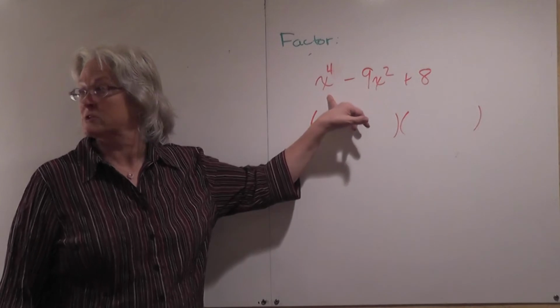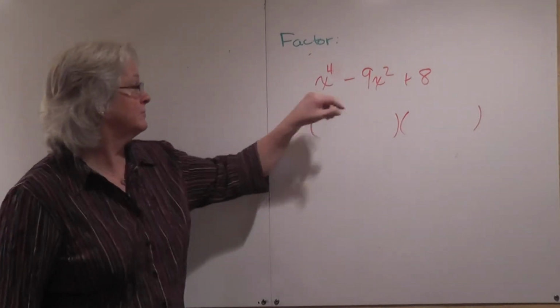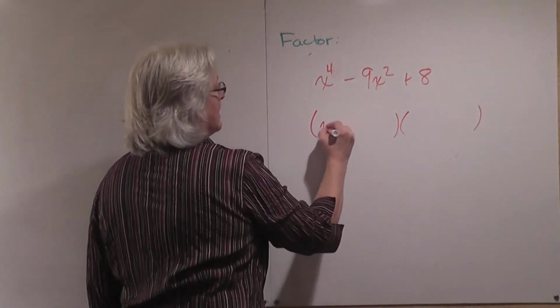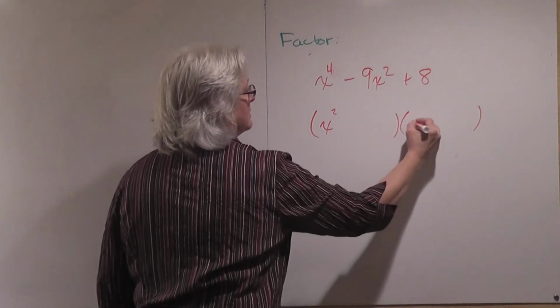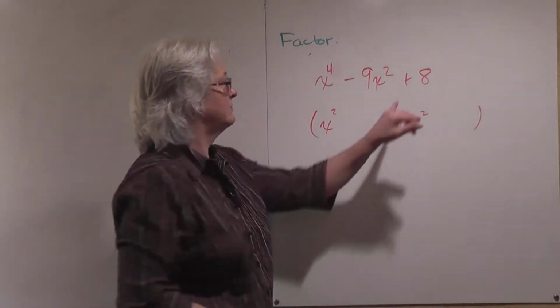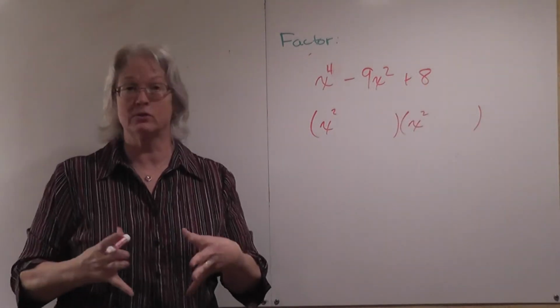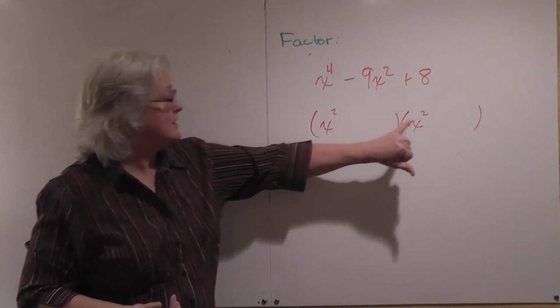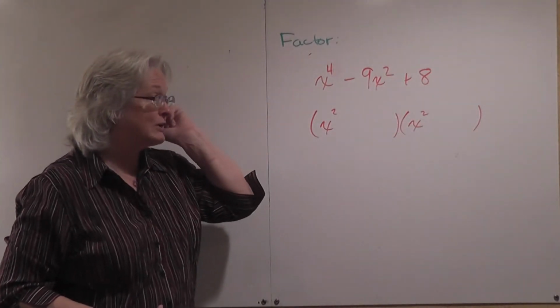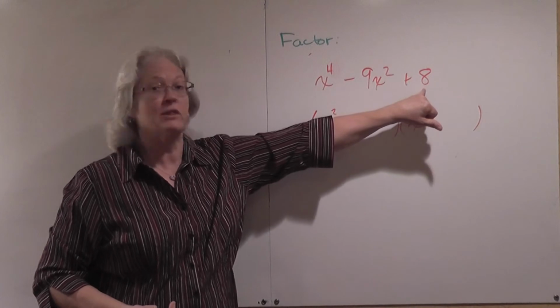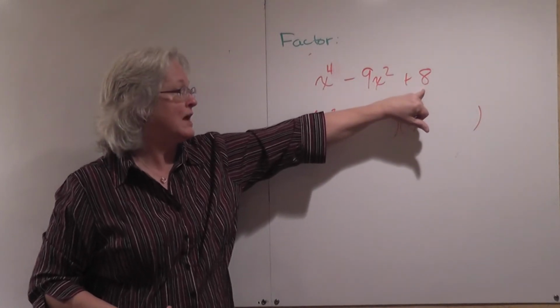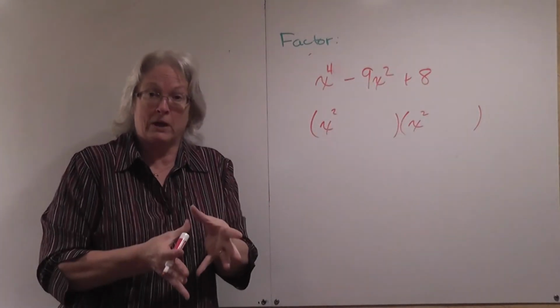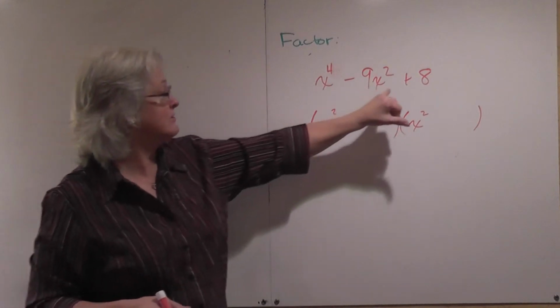The first term, x to the fourth, is a perfect square. So we have x squared. Now, in order to come up with our second terms in each of these binomial factors, we're going to have to factor the 8 so that when you multiply those factors together, you have a positive 8.